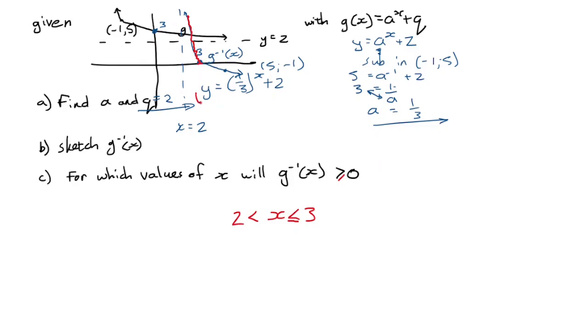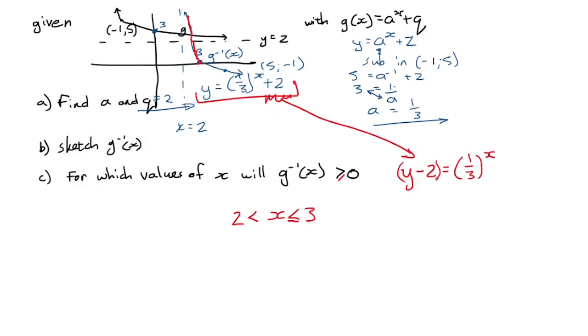If they asked us just for practice to work out the equation of the inverse, then taking it from here, what I would have done is I would have said step 1, swap the x and the y. And so actually what I'll do first, because there's this constant term, it's a bit of a headache, I'm going to first take that constant term across so that I end up with that.